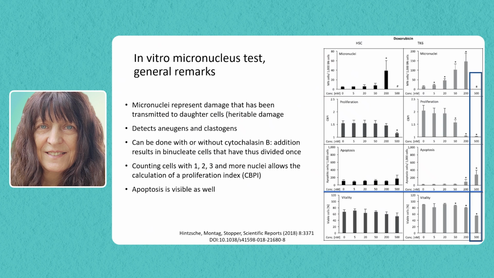And here I want to show the value of the proliferation index. Here you can see in TK6 cells on the right side results after treatment with doxorubicin in this case. And you can see that if you look at the viability, which we did in parallel in a separate experiment, viability goes down with higher doses a little bit, and the highest dose is really down considerably, but the others are not very much changed.